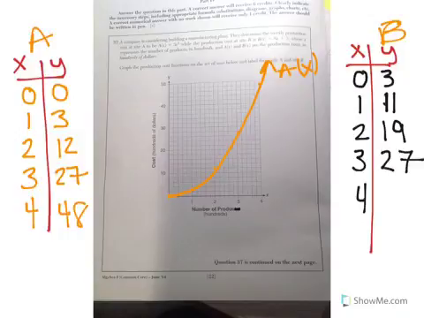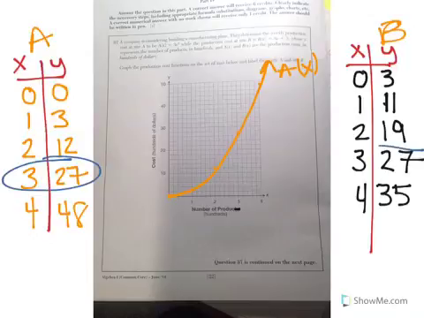And when x is 4, my y value should be, let's see, 35. Okay, so if we look just at our tables alone, we have a point of intersection. They should intersect at the point (3, 27). So let's see what our graph will look like.